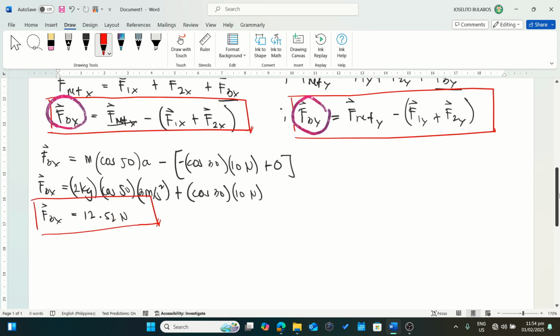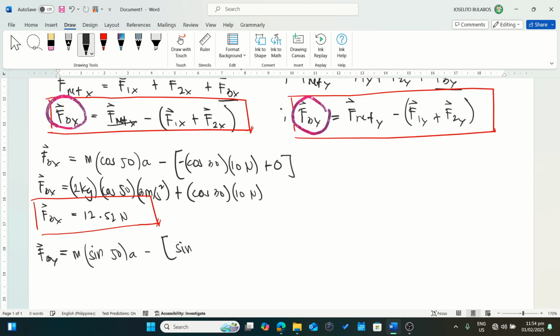How about our y components? Okay, so for our y, we use that equation. So F3y equals our F net y, which is still m sine 50 times a, minus our F1y.